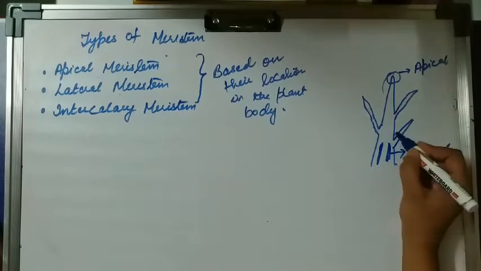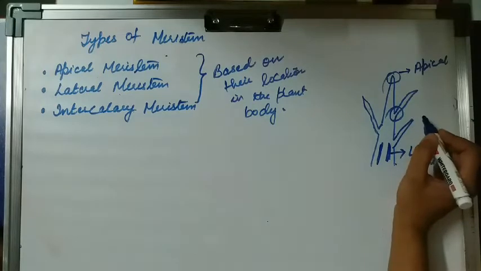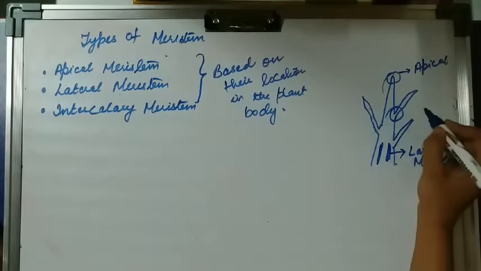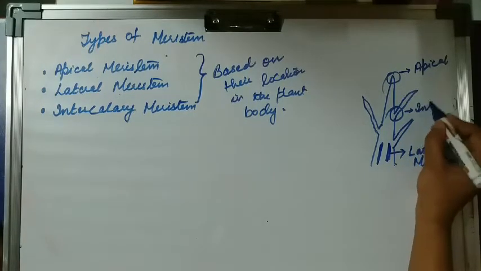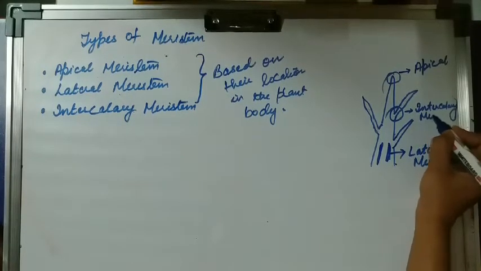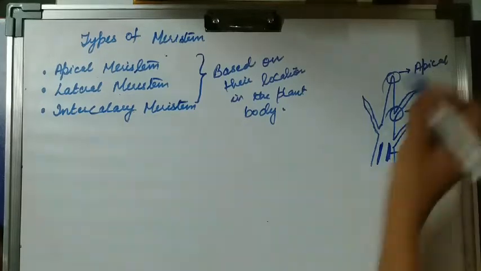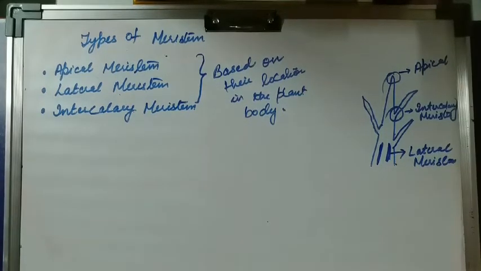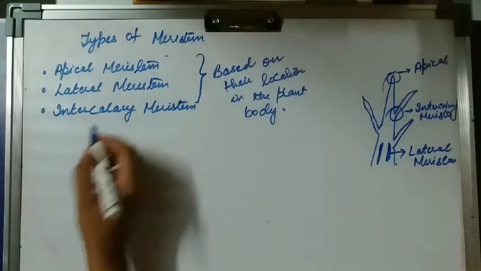And this is the junction of the two nodes, that is the internode. So here will be present your intercalary meristem. Now, this apical meristem is present on the tip of the plant, so it will bring an increase in the length of the plant.